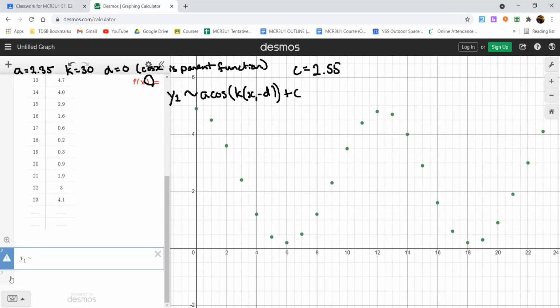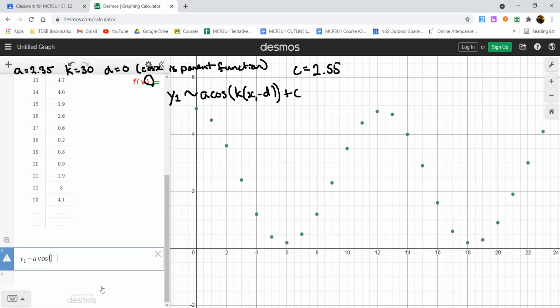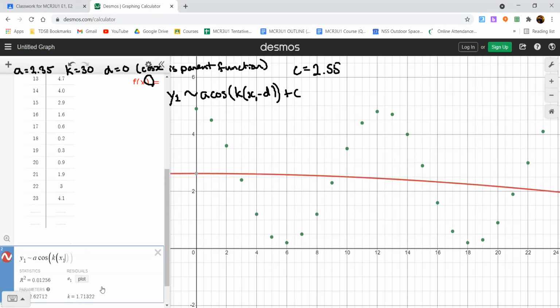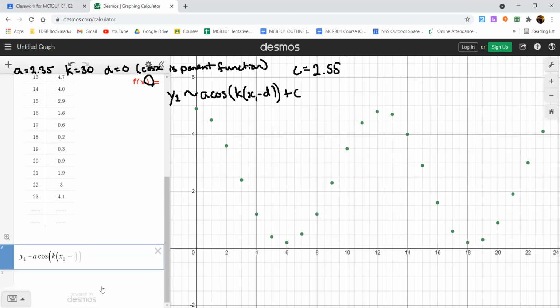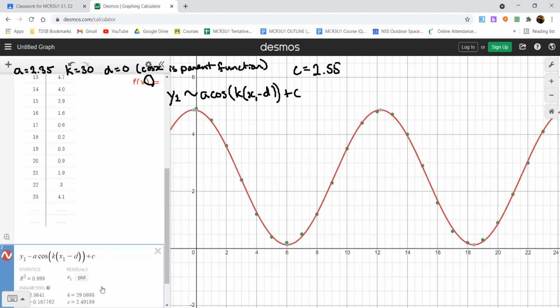And you see a little exclamation mark saying, hey, you need to give me more if you want me to do an equation. A cos, open a bracket, k, open a bracket, x1. Again, it knows to do a subscript. Minus d, close bracket, plus c. Bam.